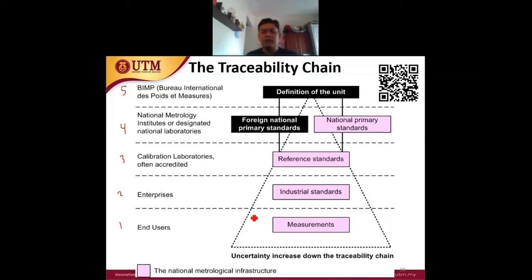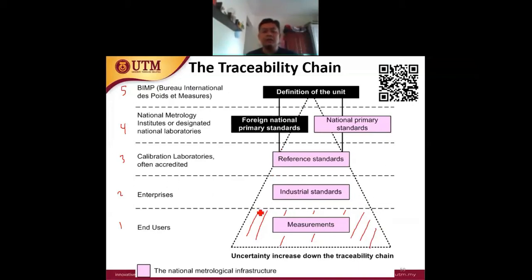The rectangle represents the amount of uncertainty. So for example, at the end user level, the amount of uncertainty is basically the highest as compared to the other levels.